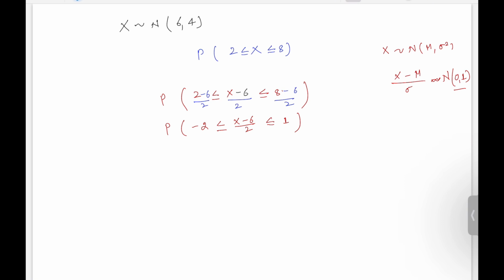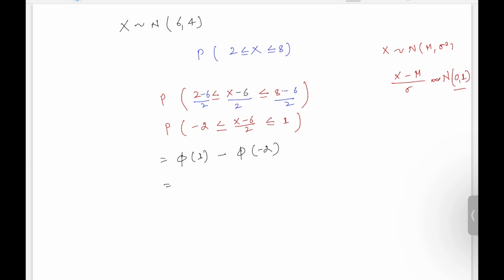As we have seen in the last video, this probability is the CDF value at 1 minus the CDF value at -2.